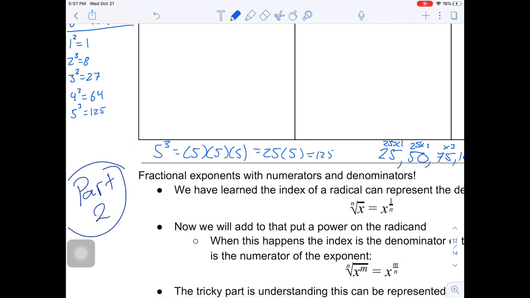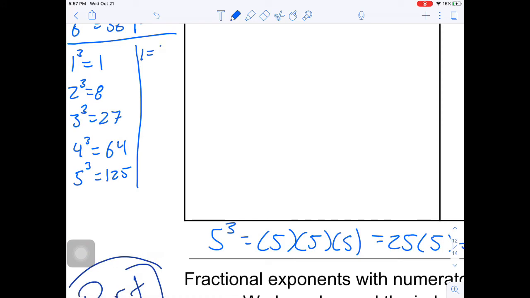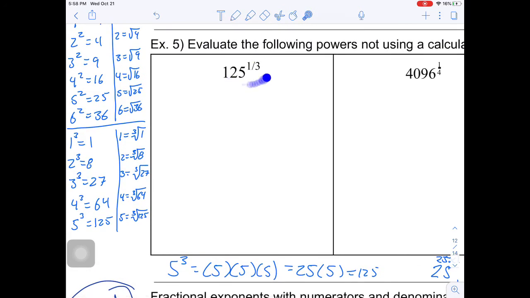So here is 125. And again, you can represent this using cube roots. So 1 equals cube root 1, 2 equals cube root 8, 3 equals cube root 27, 4 equals cube root 64, and 5 equals cube root 125. Okay, so let's move forward and look at example 5 here. Example 5 says 125 to the power of 1 over 3.